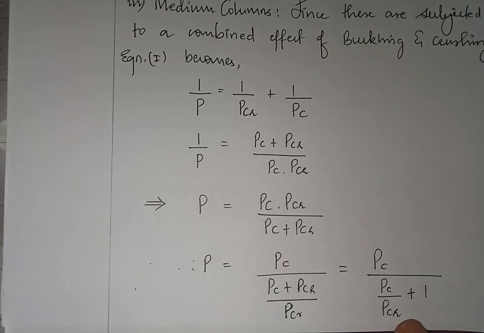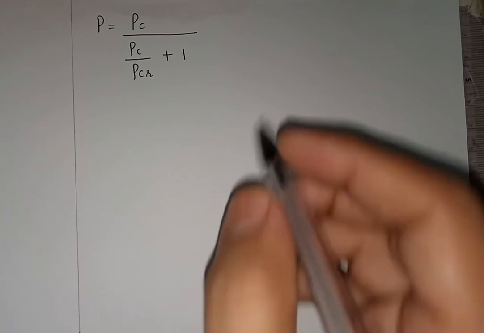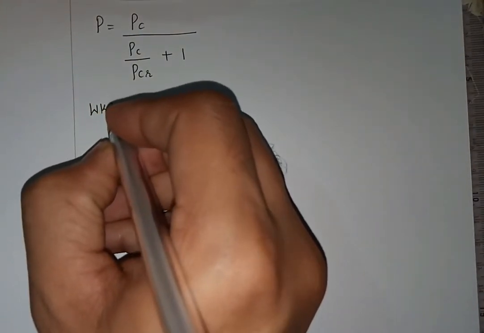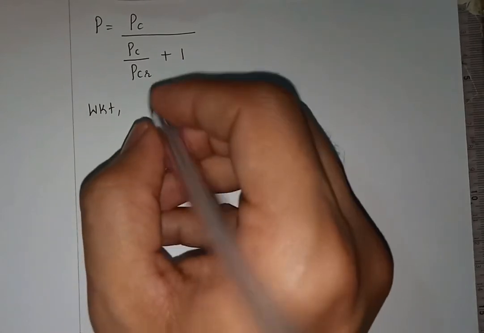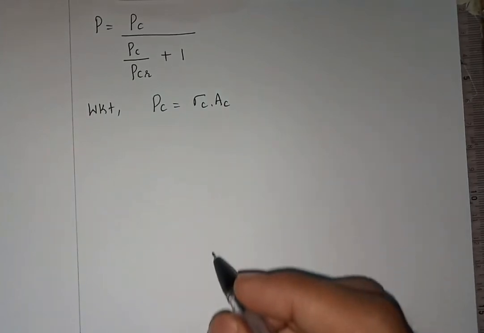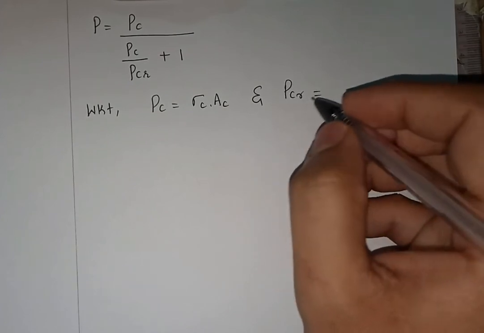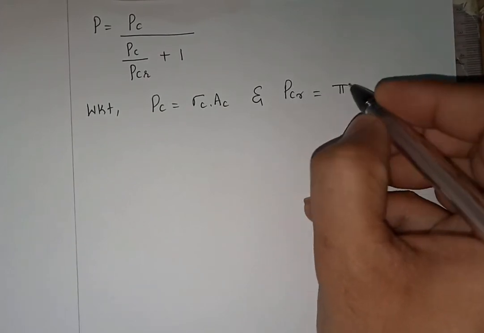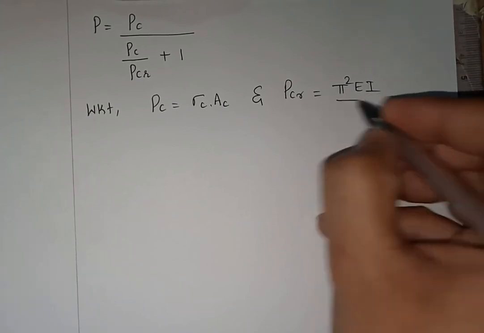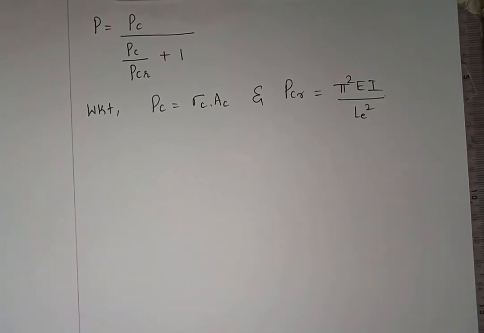Right? Now here I'll substitute a few things which are very important for us. We know, as I told you in the initial stage of this derivation, that PC, the crushing load, is equal to sigma C into AC, right? And PCR, the crippling load, is equal to pi square EI divided by LE square, right? So this we have dealt with in the initial stages of this derivation.